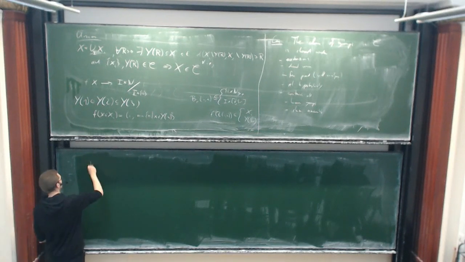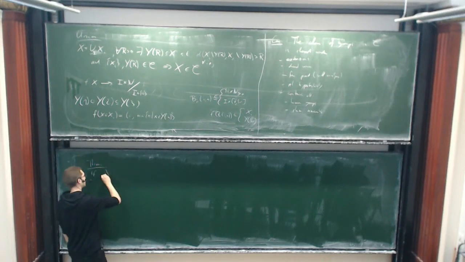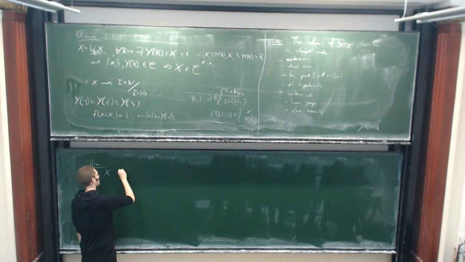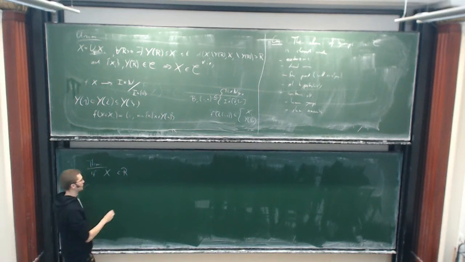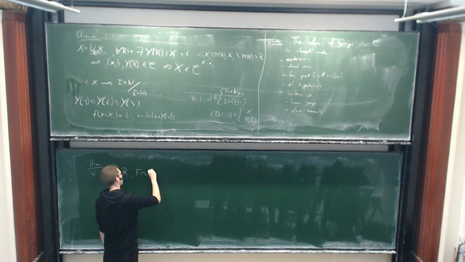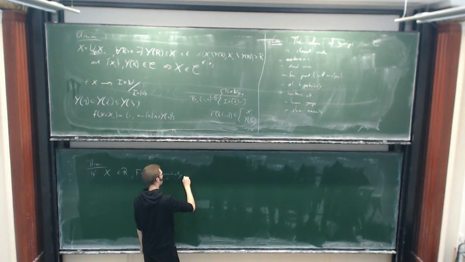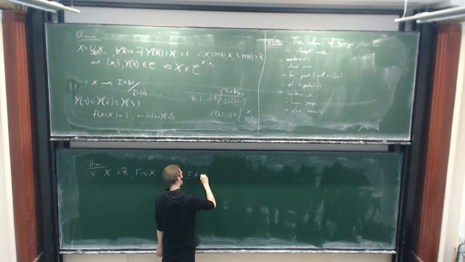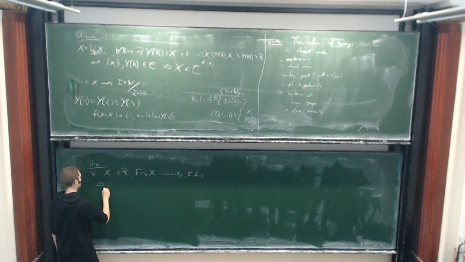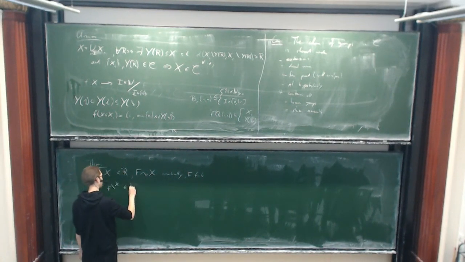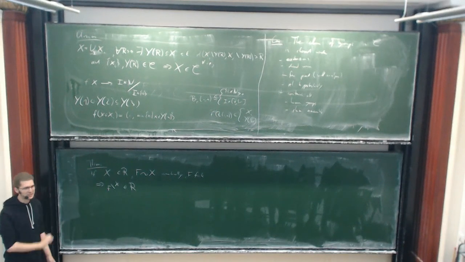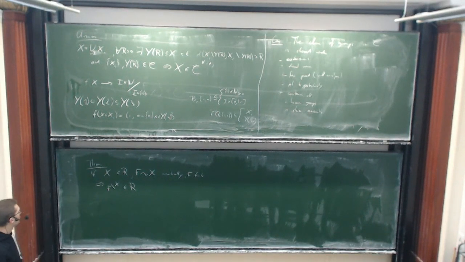Okay, so X has regular FDC, and we have an isometric action of a finite group F. And the quotient still has regular FDC. And this was strangely hard to prove.